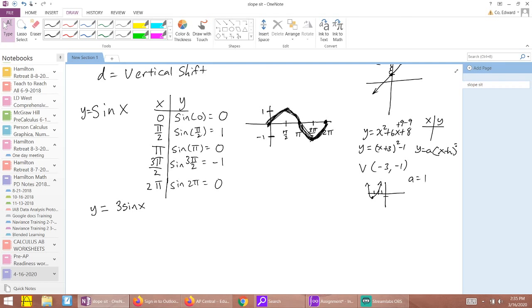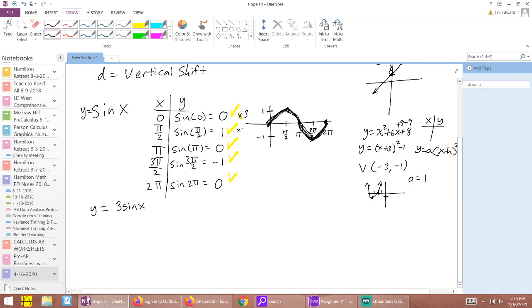So what could you predict if I multiply a number by 3? It's 3 times as large, right? So the idea is we're taking our y values here and multiplying them all by 3.